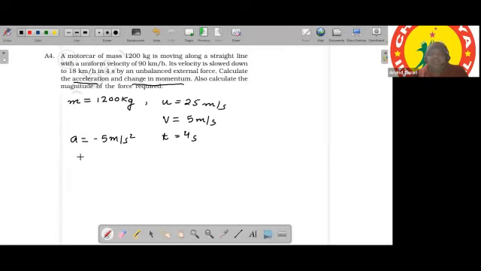The change of momentum will be minus 24,000 kilogram meter per second. Then you find force, which is given by change of momentum per unit time. So minus 24,000 divided by time 4, you get minus 6,000.